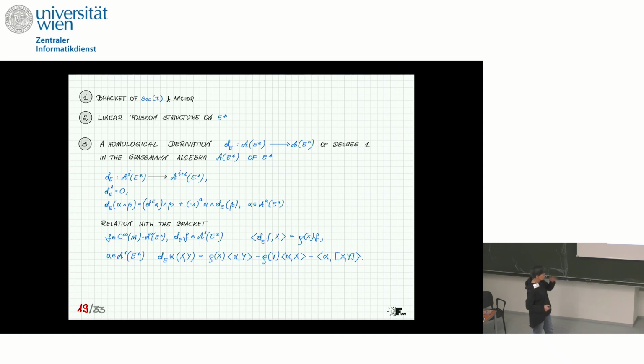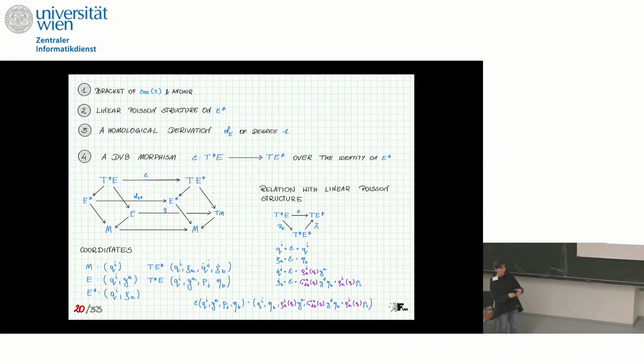So this is the relation between this differential and the bracket. And again, if we are on the level of this canonical example TM, this d is just the de Rham derivative. And this is exactly, again, the same as the symplectic, as the Lie bracket. The Lie derivative contains the same information.